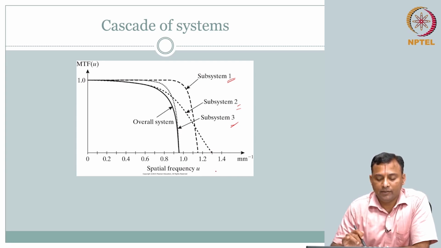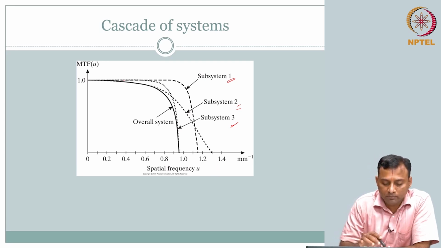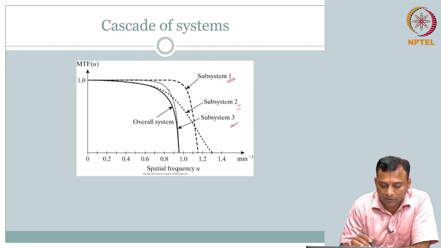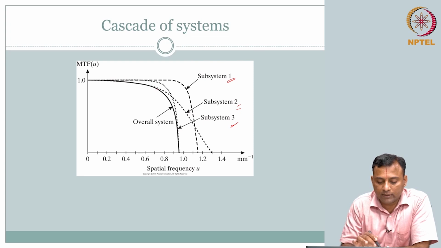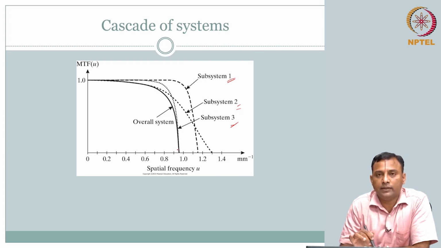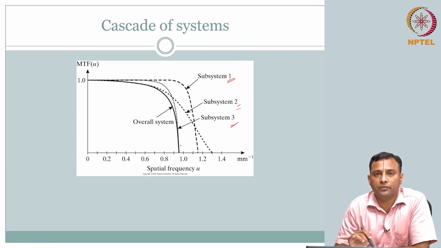right. But what is the overall system? The overall system is coming here, it is tracking the weakest guy, right. From here the dashed line is not the weakest, this one becomes the weakest. So it bends here and it falls. If in some sense you look at it, the overall system response is the poorest amongst the different subsystems that are shown.